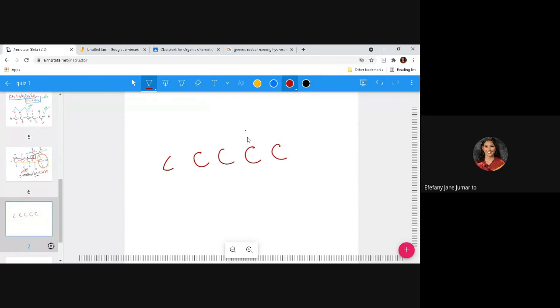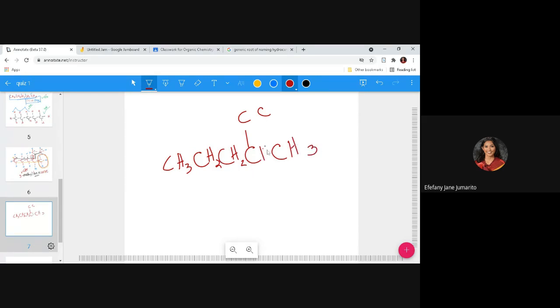And then we have here 1 and 2. So we write H3, H2, H2, and then this one. This one also is H3.